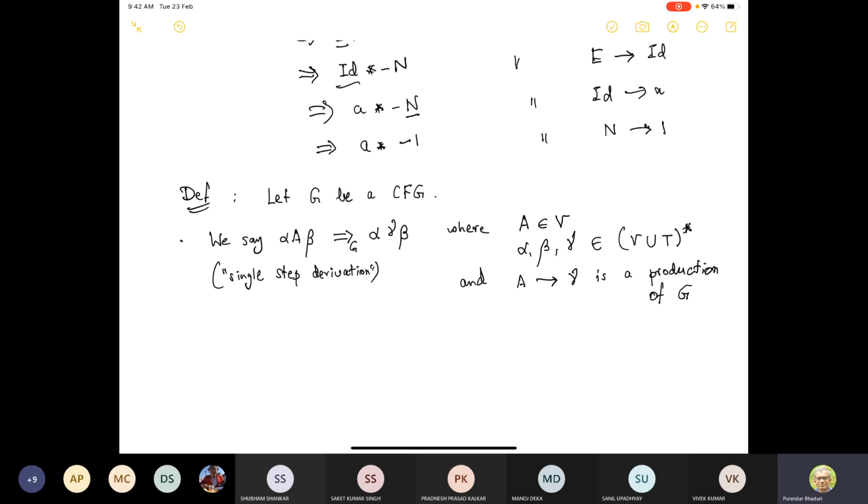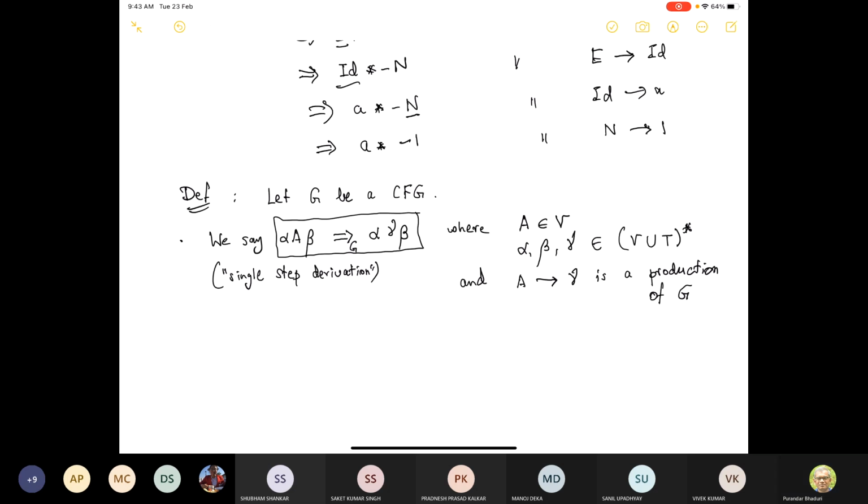Right? So the string on the left-hand side must have at least one variable. Okay. And any variable in that string can be rewritten by a string on the right-hand side of a production to give a new string, right?